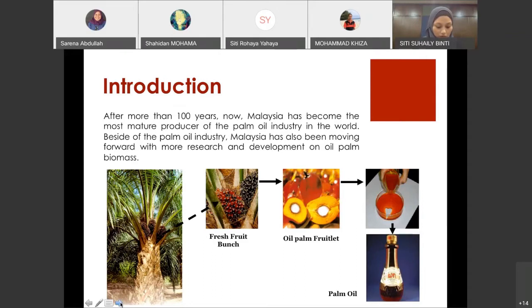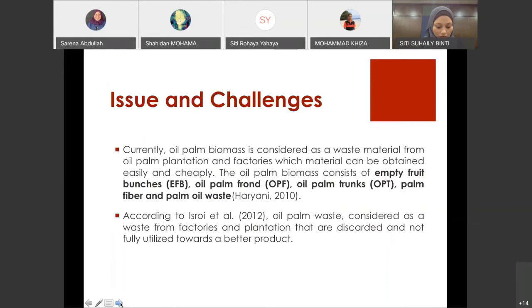Don't misunderstand: oil palm is a tree, but palm oil is an oil. So we have two industries here, palm oil and oil palm biomass.